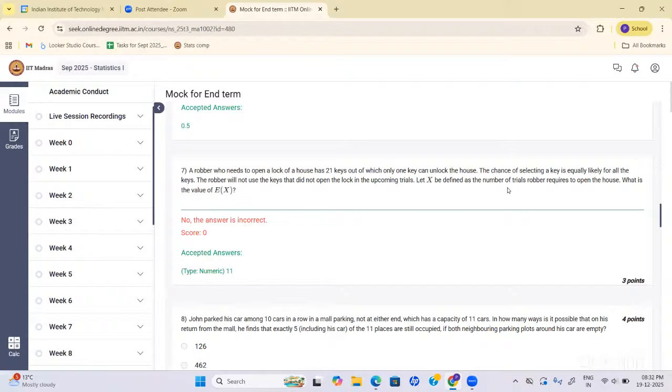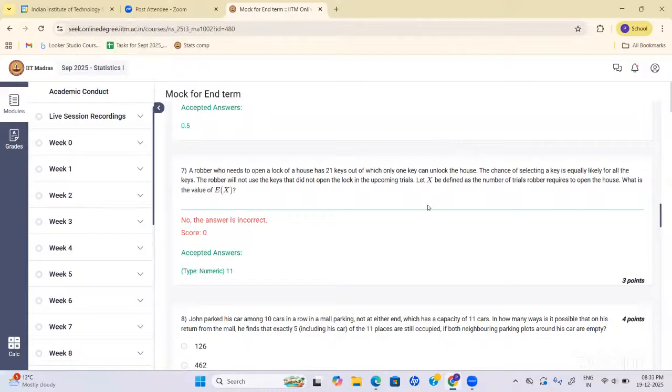Let X be defined as the number of trials the robber requires to open the house. What is the value of expectation of X? Tell me what should be the distribution of X here. We have to find the expectation of X, for which we require the values of X and the corresponding probabilities, right?